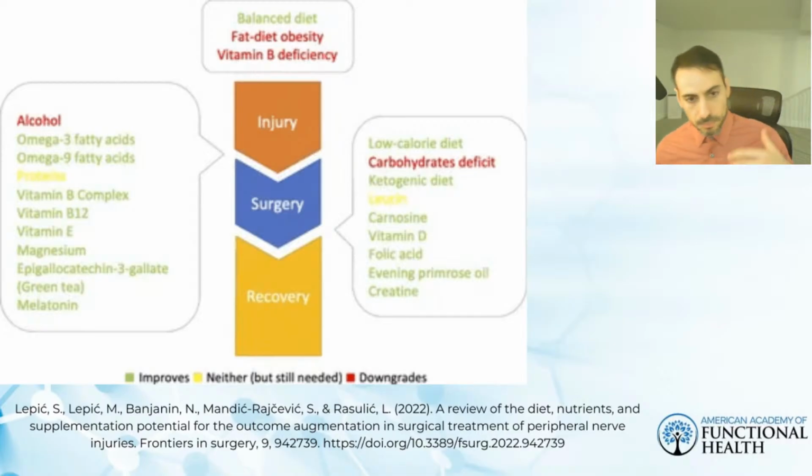And then other nutrients that were mentioned here are vitamin D, folic acid, and creatine. Those are also really important. Now, the simplest way that we can apply everything discussed in this study is by giving them a really good, high-quality multivitamin. And I'm talking about high quality.